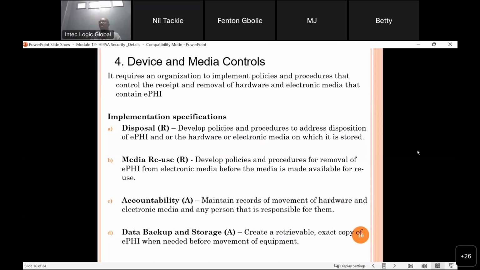First one is disposal. HIPAA is very strong on this, right? As part of your HIPAA assessment, you may do what you call dumpster diving. You have to go to where they put their dumps or their trash and try to see whether the papers that they throw away, some of them may contain PHI, right?